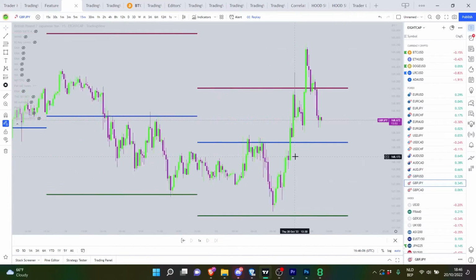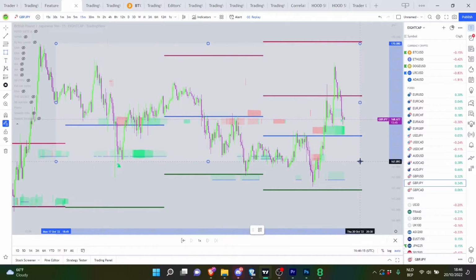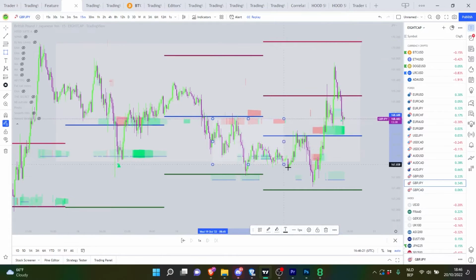GBP, JPY. Again, we got like a range. We're close to the middle, but then I see we got this range here below, and we are close to the top of it. So I expect price to bounce from it.